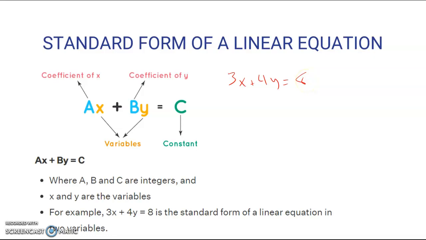This is standard, right? And then if you remember slope-intercept, the one we use the most in 8th grade is y equals mx plus b. I'm just going to give you a brief overview because this lesson's kind of short.